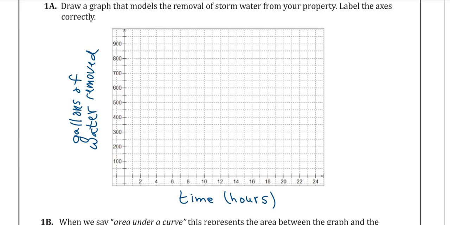Okay, so now let's go ahead and draw our scenario. So for the first 8 hours, we have a steady rate of 500 gallons. So from hour 0 that we start to hour 8, we are removing 500 gallons per hour.